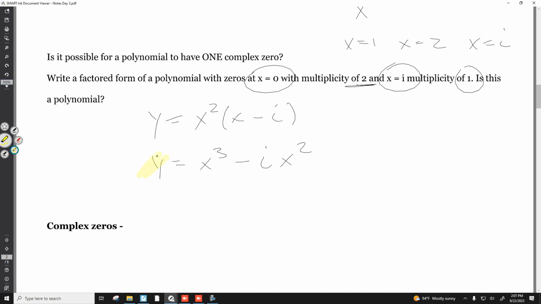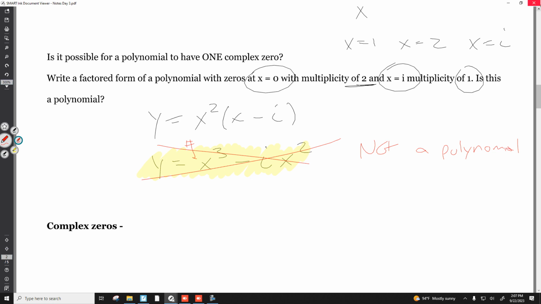You can't plug this into your calculator and get a graph of a polynomial. Day 1, we talked about what's a polynomial. You have to have numbers. They have to be real numbers as coefficients. You can't have a coefficient of i. This is not a polynomial.